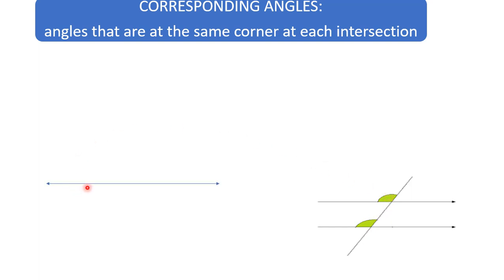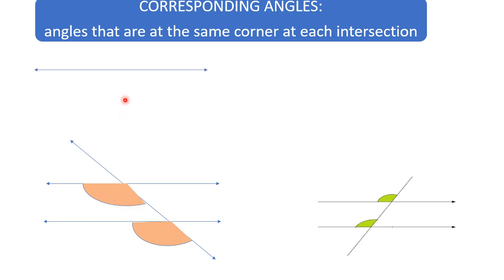Again we have two lines and a transversal intersecting them. Then we can say these two angles are the corresponding angles. Similarly, in this figure also we have another pair of corresponding angles, this one and this one.